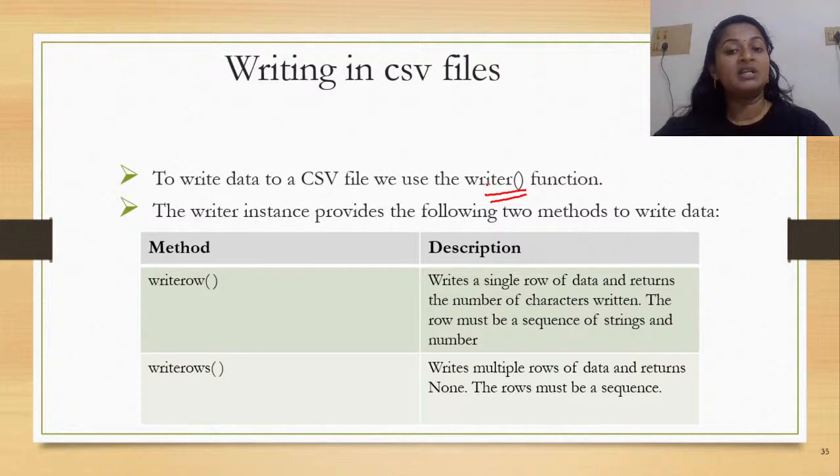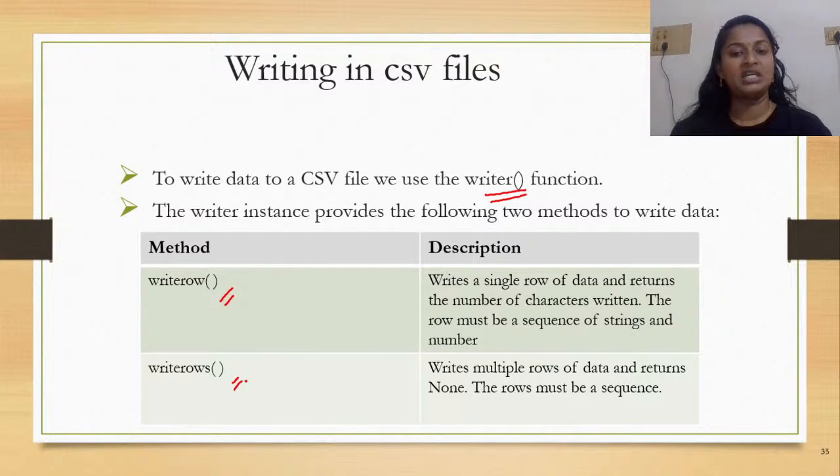Primarily you should have this writer function. Now this function would return an object, and using that object you can access two methods. Which are the two methods? writerow or writerows. The singular as well as the plural version.